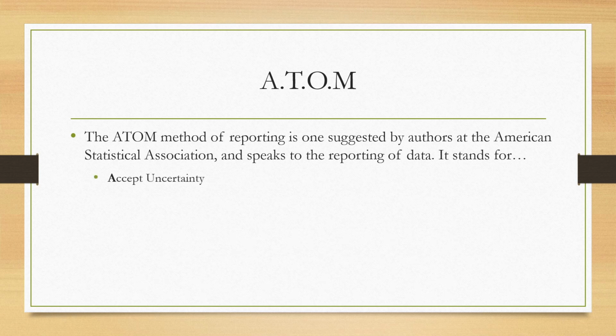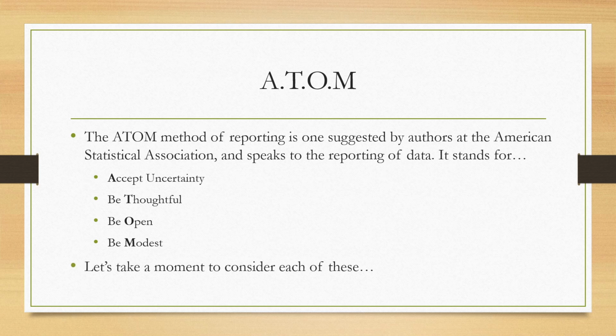The acronym stands for A, accept uncertainty, T, be thoughtful, O, be open, and M, be modest. And we're going to go into each of these in more detail. But accept uncertainty, be thoughtful, be open, and be modest when telling your statistical story.